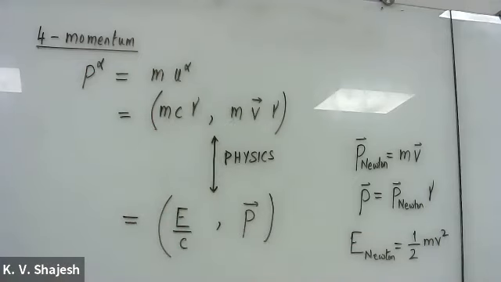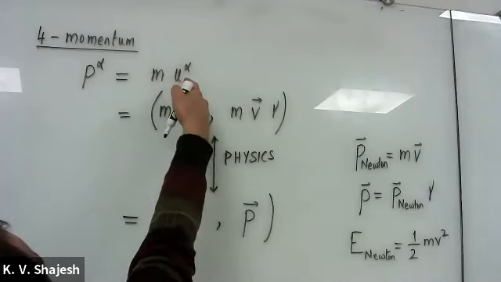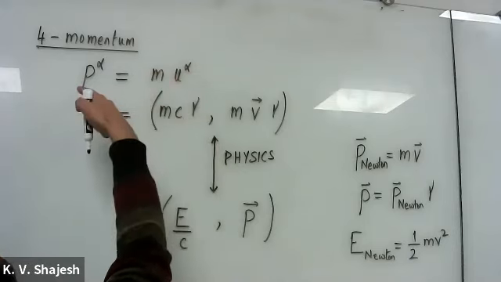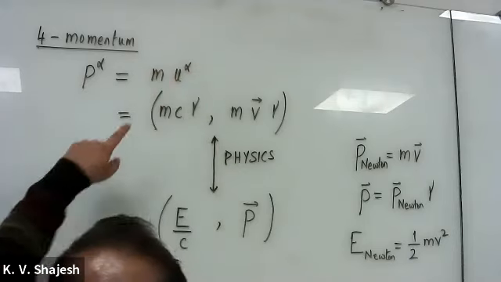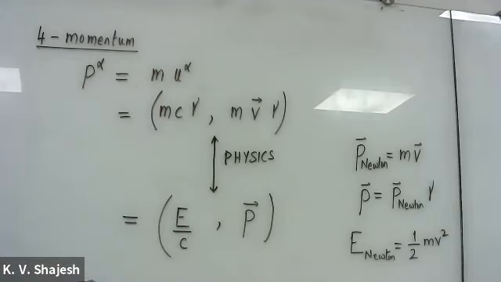If that is the case, now that is an interesting feature. Remember, this was a time-like vector. So P alpha will be a time-like vector if m was a constant. P alpha is going to be the same in every frame.